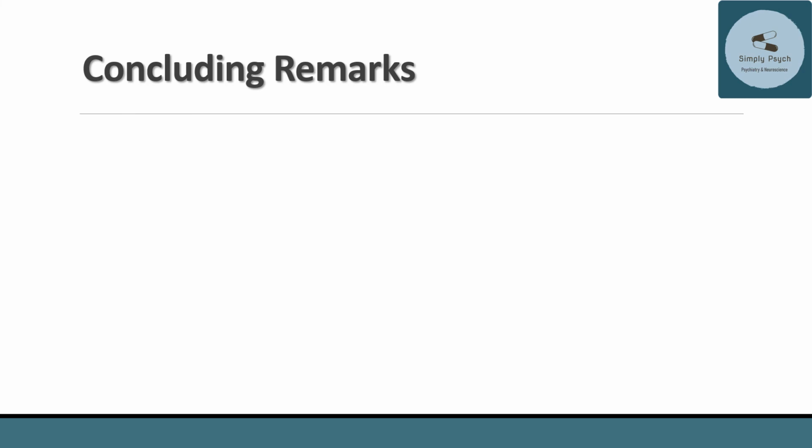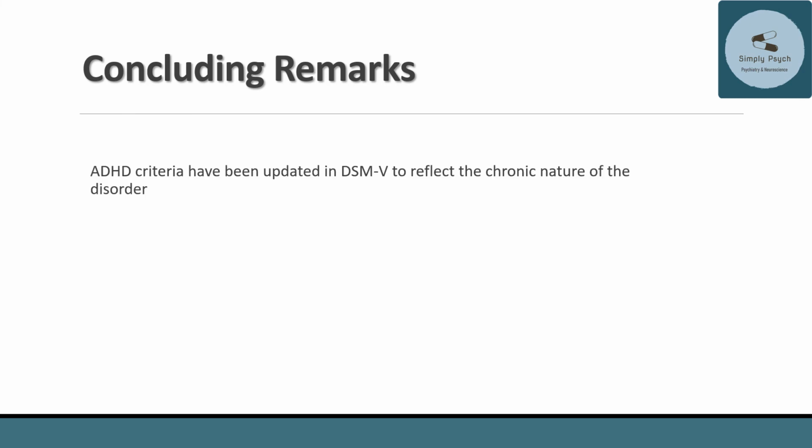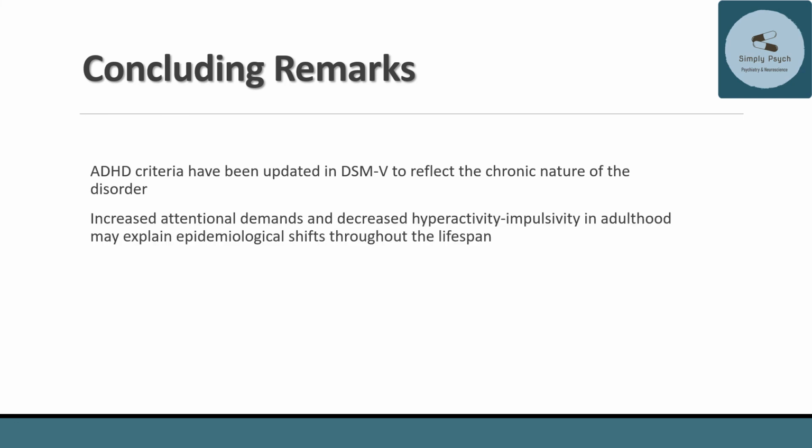So just some final concluding remarks. ADHD criteria have been updated in DSM-5 to reflect the chronic nature of the disorder. Increased attentional demands and decreased hyperactivity and impulsivity in adulthood may explain the epidemiological shifts throughout the lifespan. So in other words, as we get older, the demands on our attention and our cognitive abilities increase as we're attending to adult type things in life.